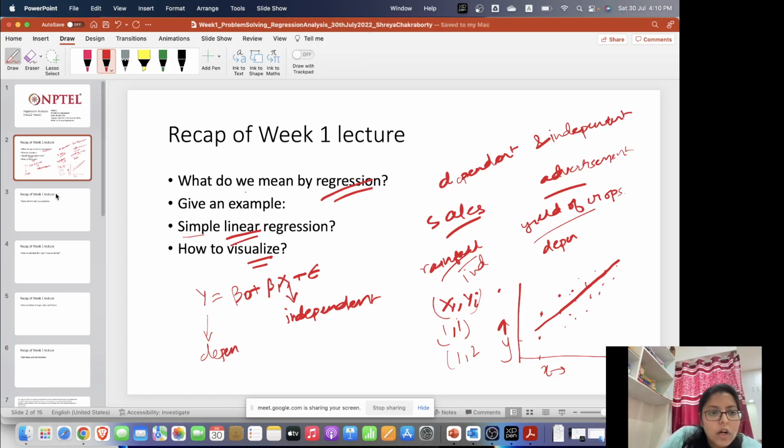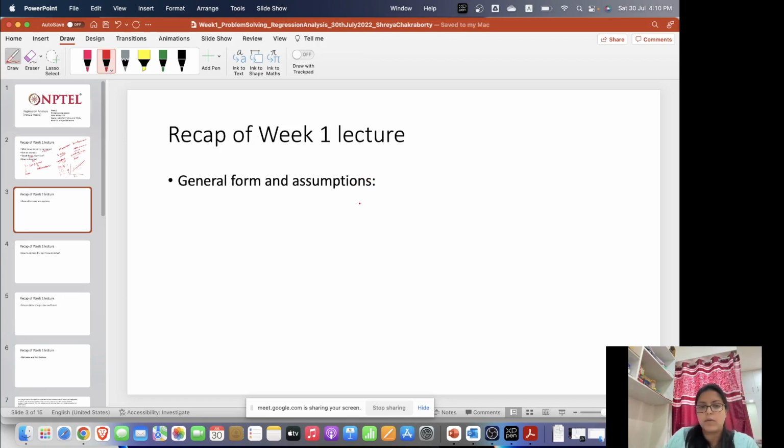Now what is the form? I wrote it in the previous slide itself. Let's say for the ith observation, yi equals beta naught plus beta 1 xi plus epsilon i, where yi is my response or dependent variable for the ith observation or individual.